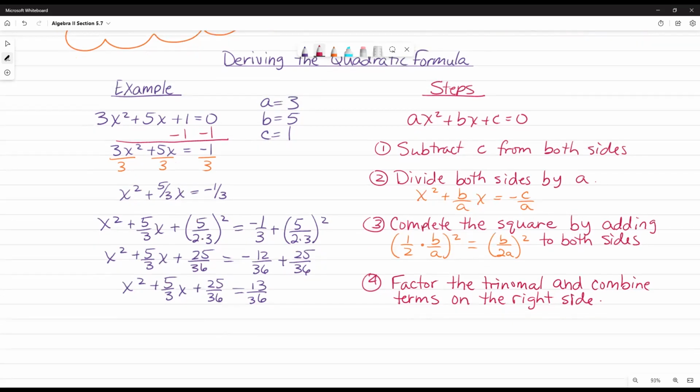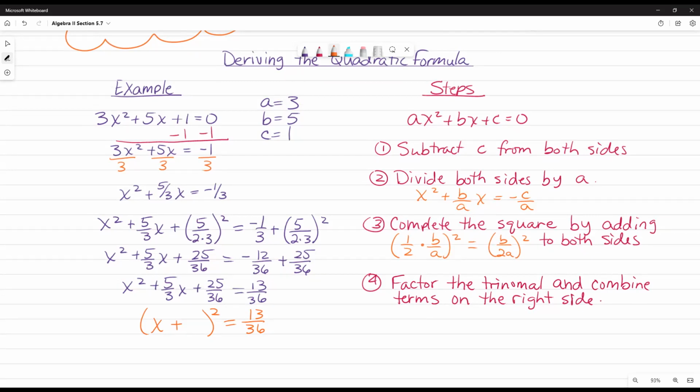Okay, so what does x squared plus 5/3 x plus 25/36 factor to? Anybody know where I get that? So it's the term that we squared.